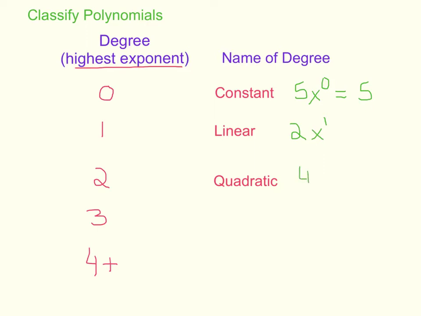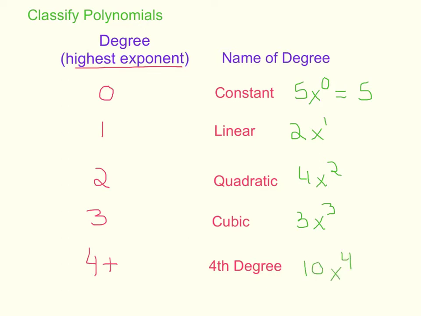An example of that would be 4x squared. When the highest exponent is 3, we call that a cubic polynomial. And anything more than that, we will just say it's a 4th degree polynomial, or a 5th degree, or a 6th degree, 7th degree, and so on. So 10x to the 4th.